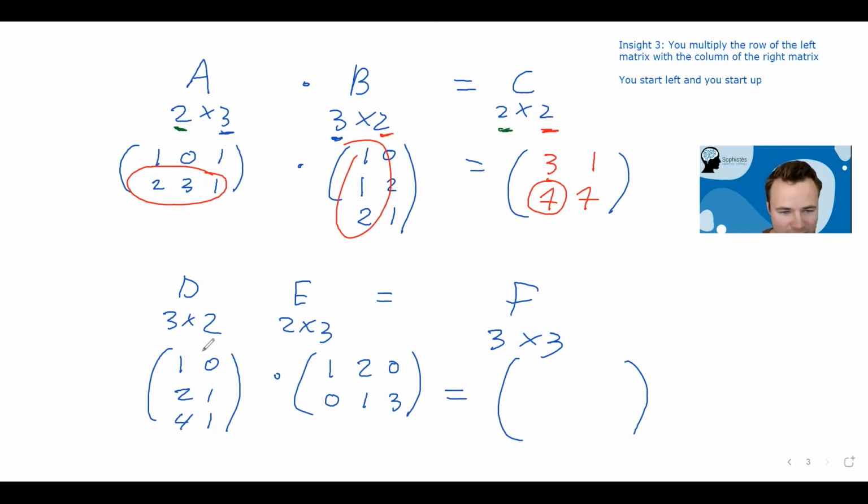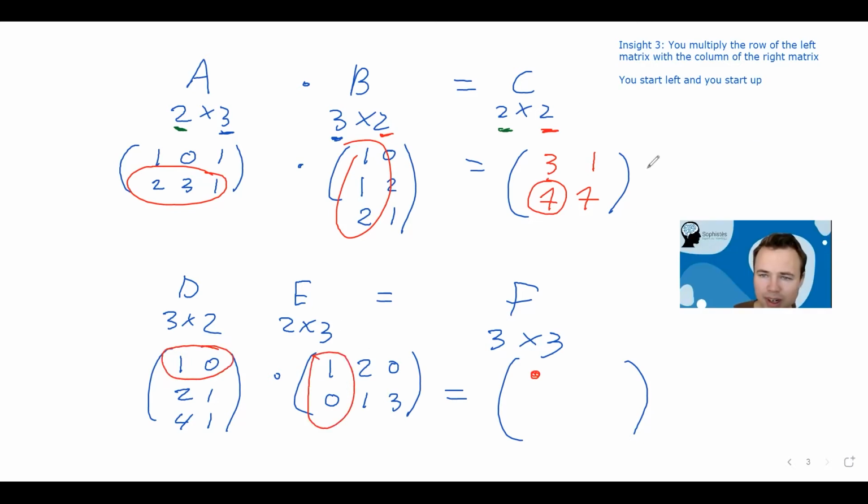Okay. So to get the element from row 1, column 1, you take row 1 and column 1. And remember, you start left and you start up, right? So I take the number on the left times 1, which is 1, right? And then 0 times 0 is just 0. So the number that I get here is just a 1.